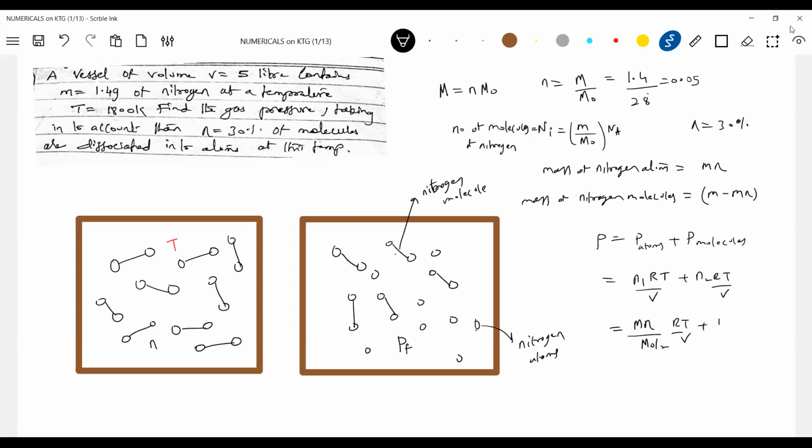The mass of the remaining nitrogen molecules is M minus M eta, with molecular mass M0. Substitute all this. Eta is 30%, so you write 0.3. You'll get the pressure.